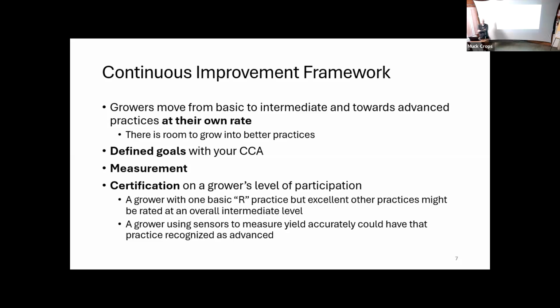The 4R framework is basically a continuous improvement process. We'd like to make it official so that growers that want to use the concept for marketing can do so. But each grower advances at its own pace, and it starts by defining goals.